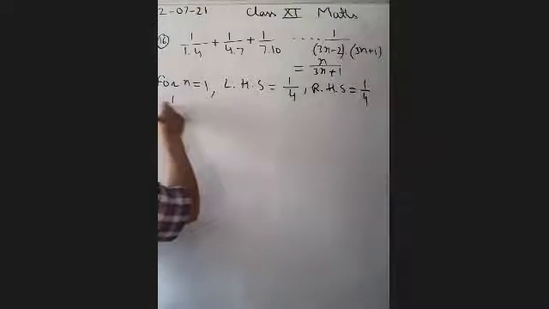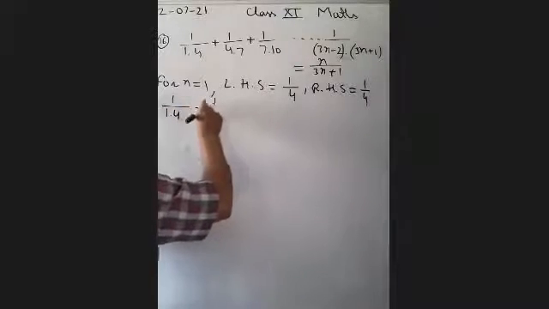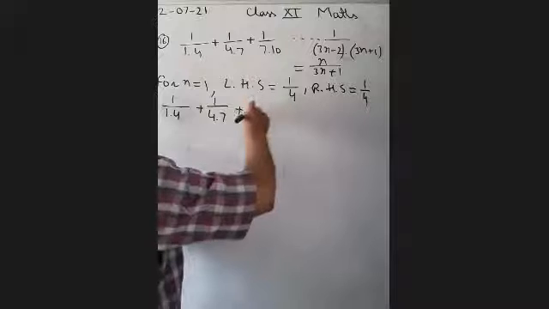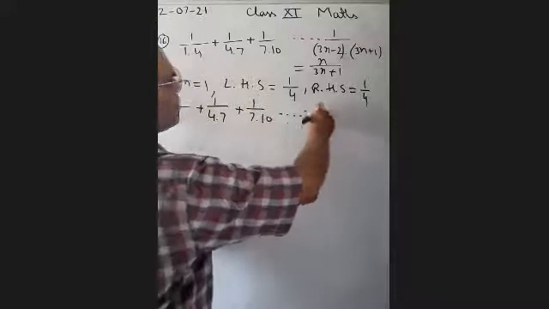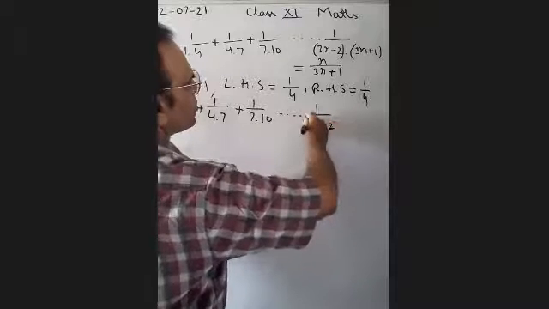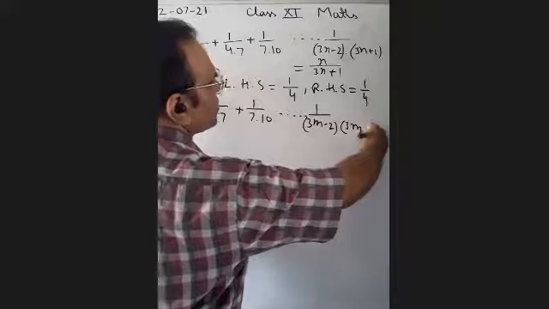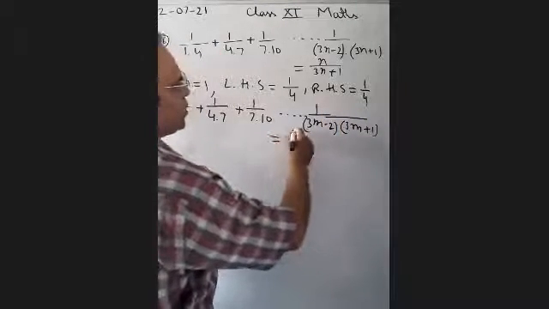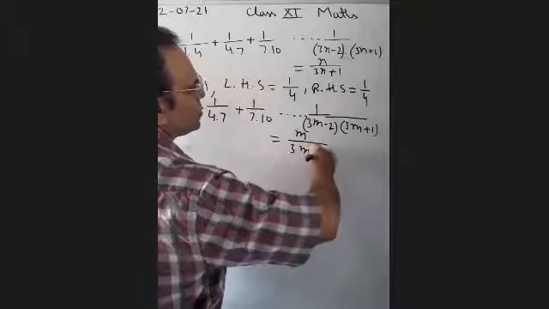So we will write 1 upon 1 into 4 plus 1 upon 4 into 7 plus 1 upon 7 into 10 plus and so on up to 1 upon 3m minus 2 or 3m plus 1, ठीक है, equal to m upon 3m plus 1.